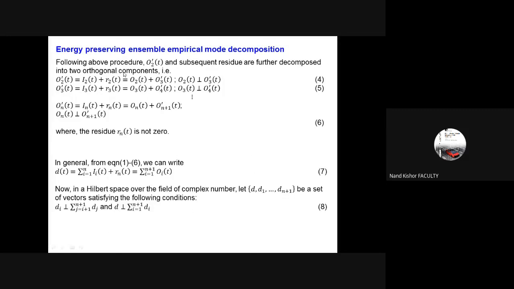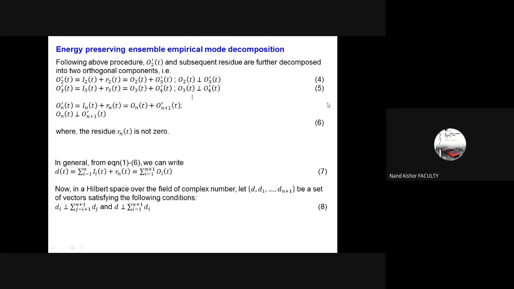So following the same procedure, we have another orthogonally decomposed part, and we write it further. So we do the orthogonal test up to ON to ON plus 1, where the residue term is not 0.